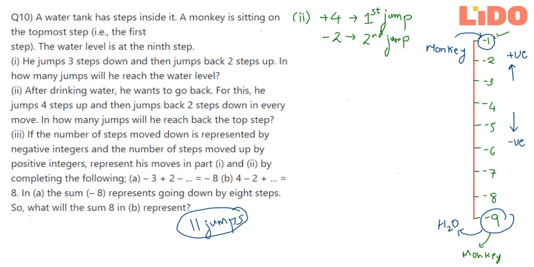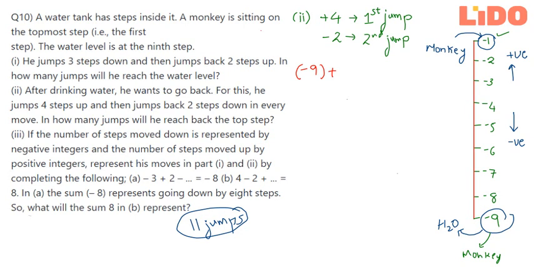Now we are going to do the exact same thing that we did in subsection 1, except this time the starting position is minus 9 and we want to get to minus 1, or rather the monkey wants to get to minus 1. So we are going to take the position and we are going to add the jump.